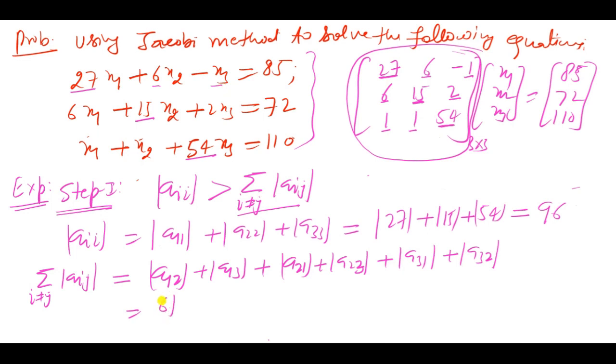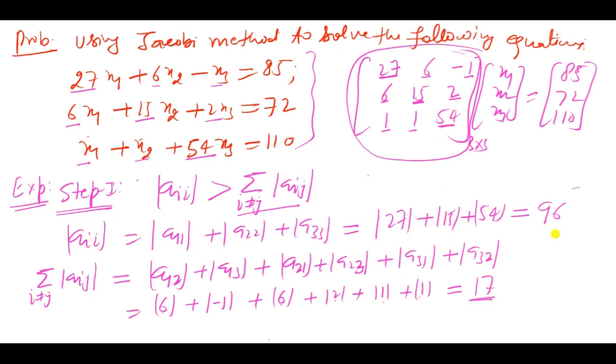That is 6, plus mod of minus 1, plus 6, plus 2, plus 1, plus 1, and this is equal to 17, that is 6 plus 1 is 7, 7 plus 6 is 13, 13 plus 2 is 15, 15 plus 2 is 17.